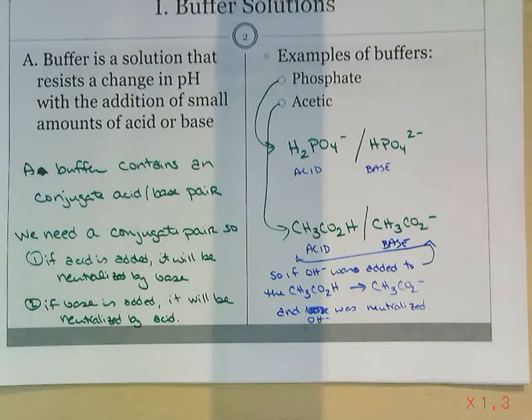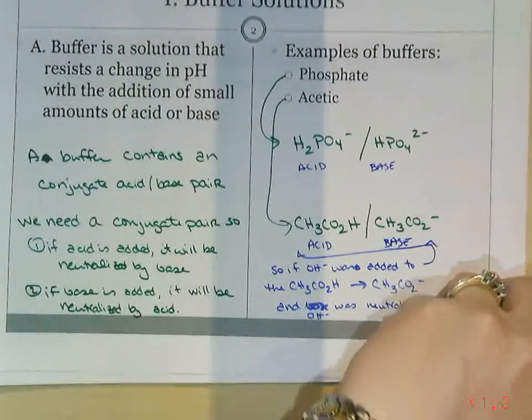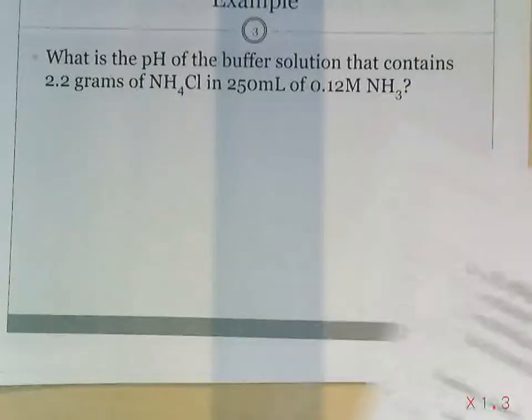So if you have your calculator, go ahead and fish it out. We're going to start proving this mathematically as to what happens. For starters, let's look at a problem where I just want to make a buffer.